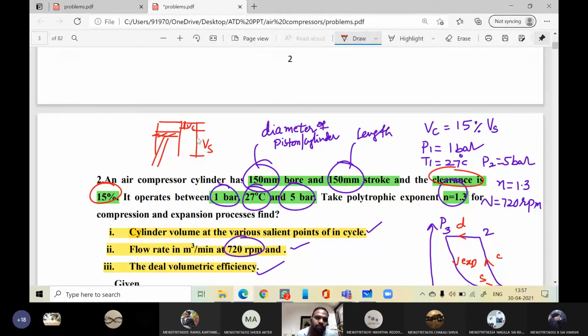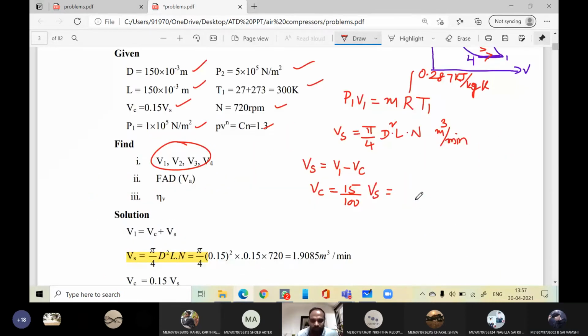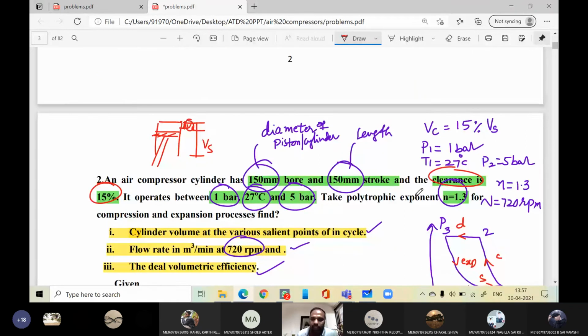So the clearance is a percentage of swept volume only. That is the reason I am taking 15% of Vs. Strictly speaking, he has to mention clearance volume is 15% of stroke volume or swept volume, one and the same, but he didn't mention it.